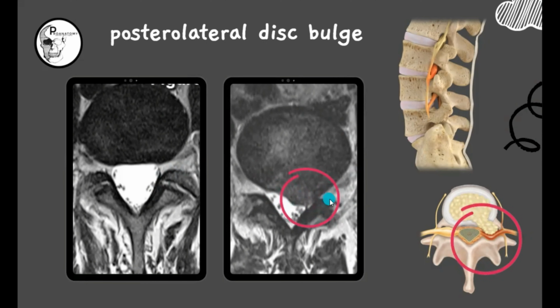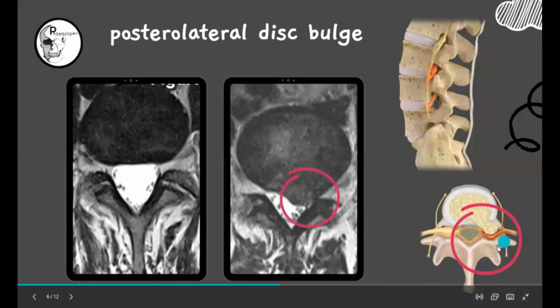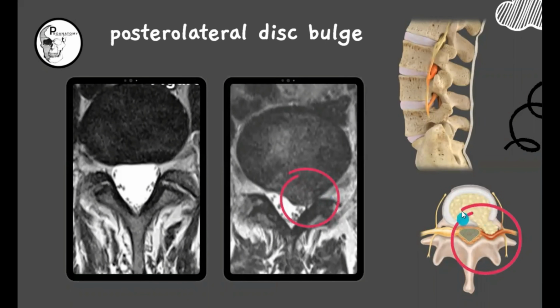The exiting nerve root is also getting compressed here, as you can see in this diagrammatic representation, where the nucleus pulposus of the vertebral disc is protruding backwards after an annular tear, compressing the spinal nerve root and narrowing the neural foramina.